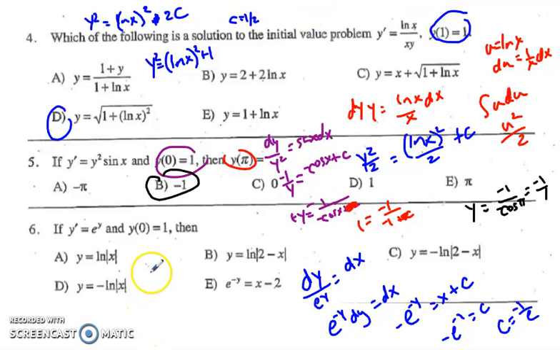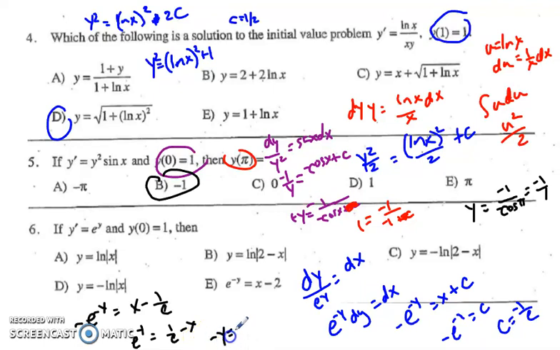So let me rewrite this problem. I have negative e to the negative y equals x minus 1 over e. Now I've got to solve for y. So let's multiply through by a negative. E to the negative y equals 1 over e minus x. Take the ln of both sides.